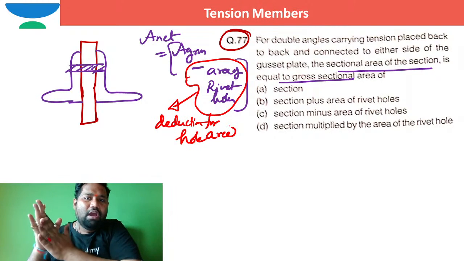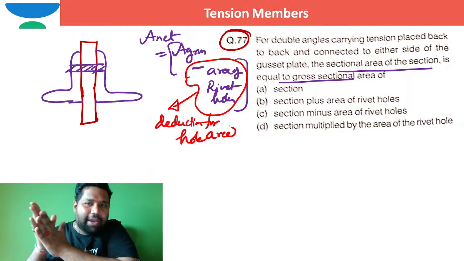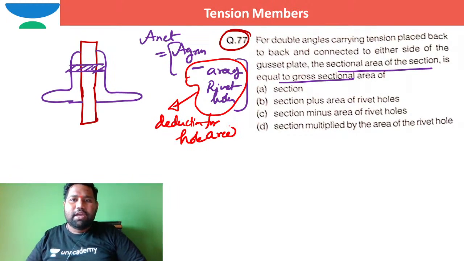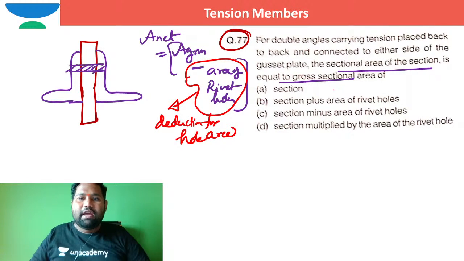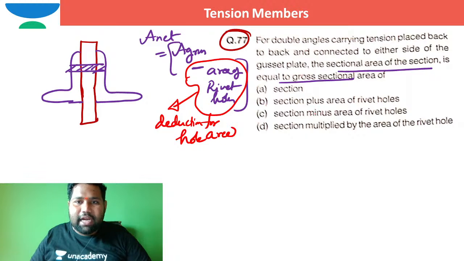Now you tell me, for question 77, can you work out the correct option? The net area is equal to the gross cross-sectional area minus, right? The terminology minus is there in option C: gross cross-sectional area minus area of the rivet hole. So I can pick option C as the correct option.